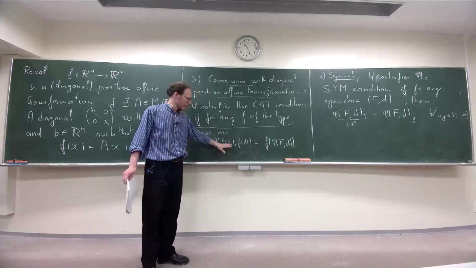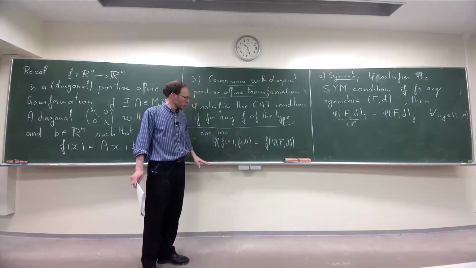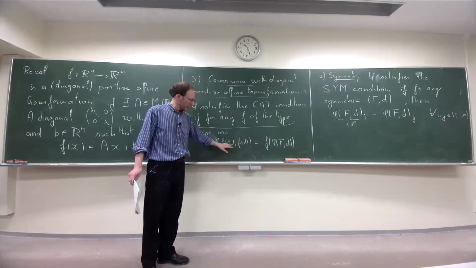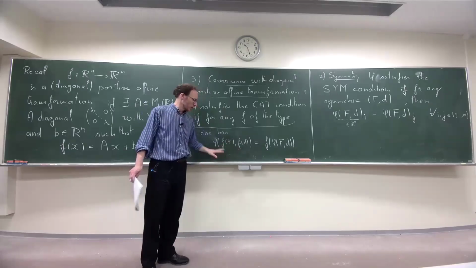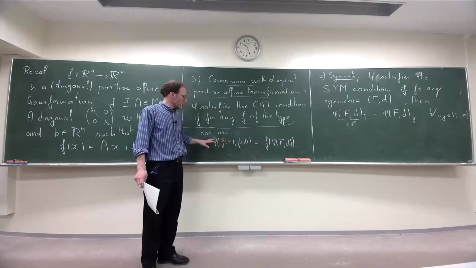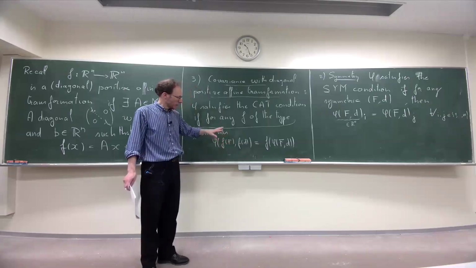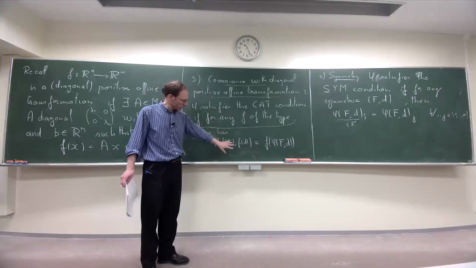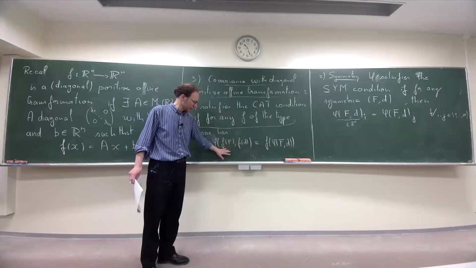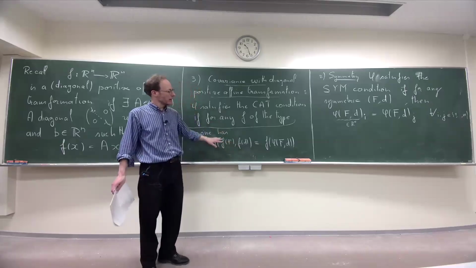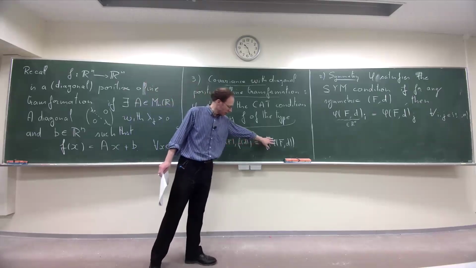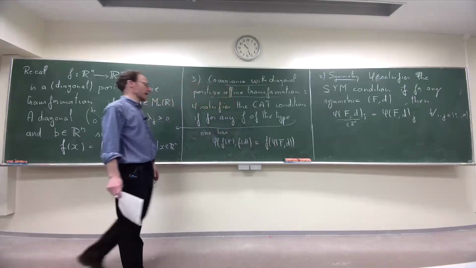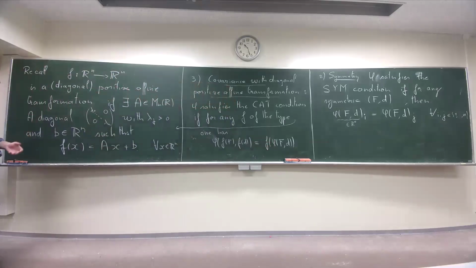So you should check that if F, D is a bargaining problem, small f applied to F and small f applied to D is again a bargaining problem. And the condition is that applying small f to this bargaining problem and then phi is the same as first applying phi and then f. And again, this is related with this invariance or uniqueness modulo affine transformation, which we have seen a long time ago.